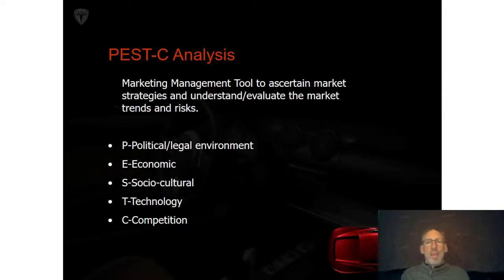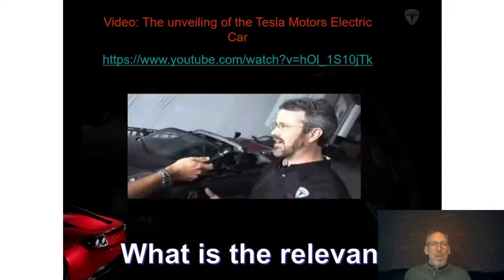In this example that I'm using with Tesla, we're using a PEST analysis, which is an external marketing analysis. So whatever you're using, in this case, make sure that at the beginning of the presentation that you're highlighting the purpose of the presentation. What are you using as a backdrop, or what is the key purpose of your presentation?